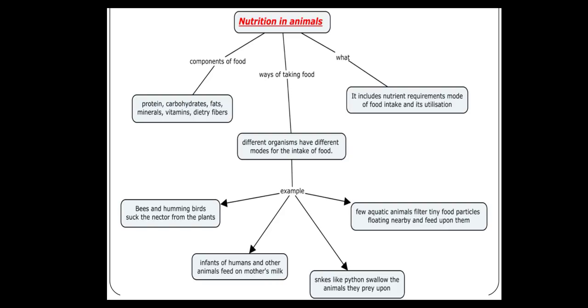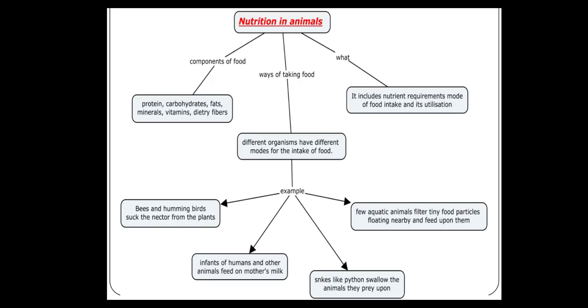So animals have a heterotrophic mode of nutrition and they are called heterotrophs. Now these heterotrophs are classified into 3 types depending on their food habits. The heterotrophs classified into 3 types are herbivores, carnivores, and omnivores.